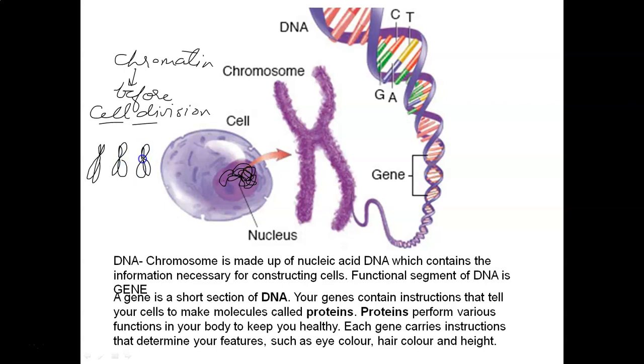And these chromosomes, we all know that they are fixed in number in the species. Like human beings, they have 46 chromosomes which are present in pairs. So we have 23 pairs.